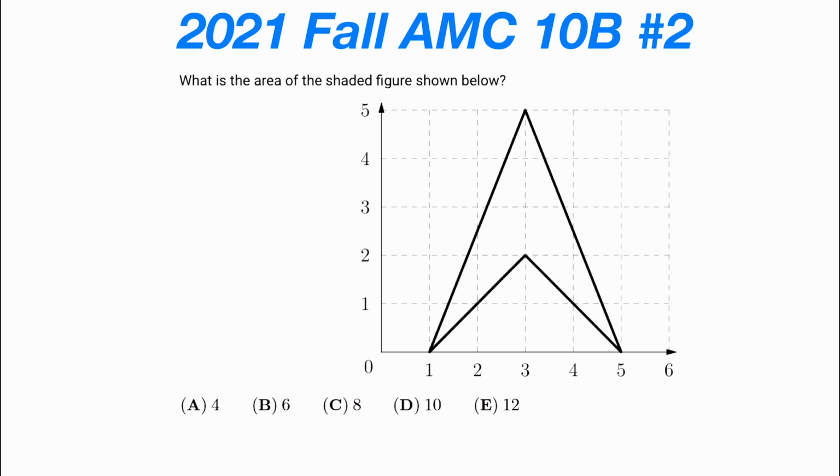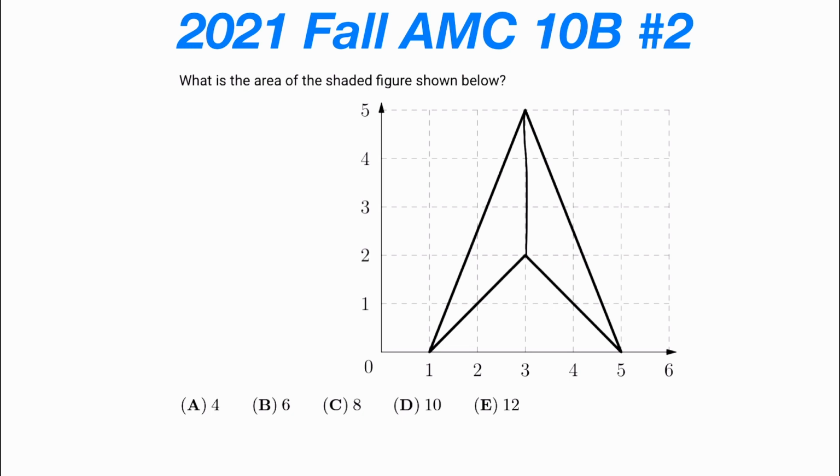For this problem, we can see that this figure is symmetrical on the left-hand side and the right-hand side. So what does that tell us? That tells us we can just calculate the area of one side and multiply that by 2.